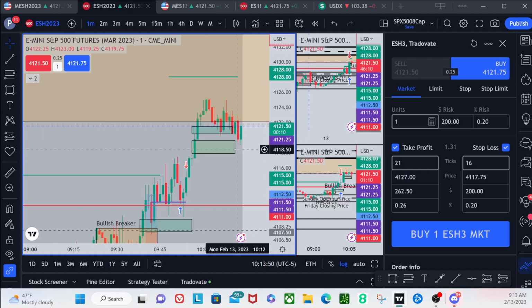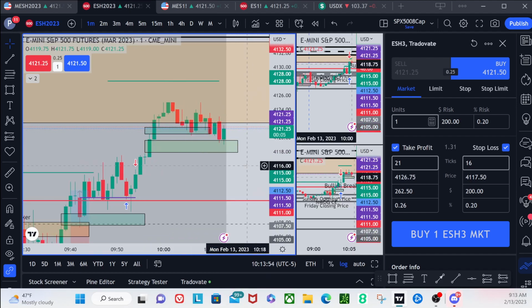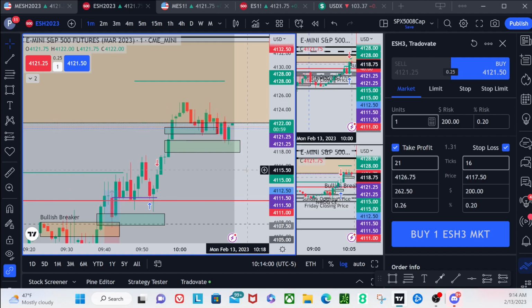Okay, so we want to keep this fair value gap annotated. Just extend it forward. Why do you sometimes use lines and sometimes rectangles? When things are in close proximity to one another like this, it helps me keep my frame of mind when I'm teaching you.